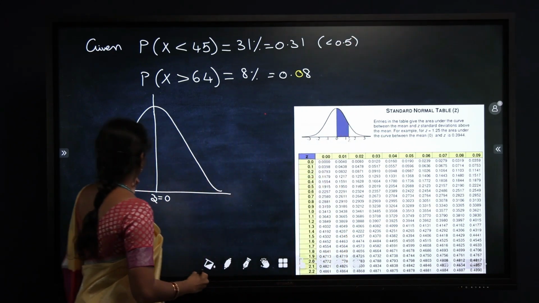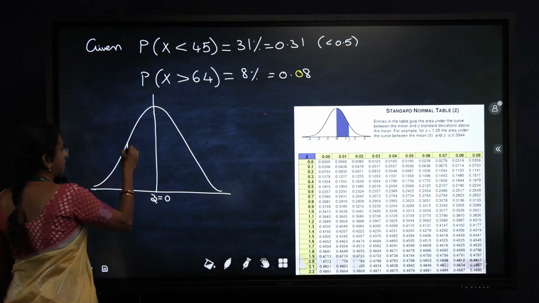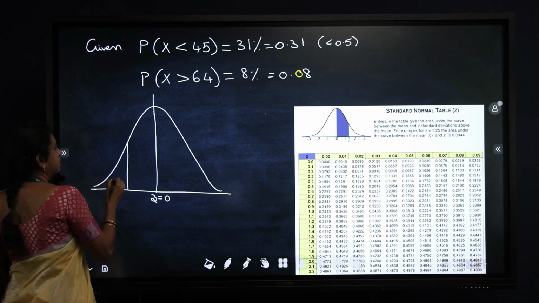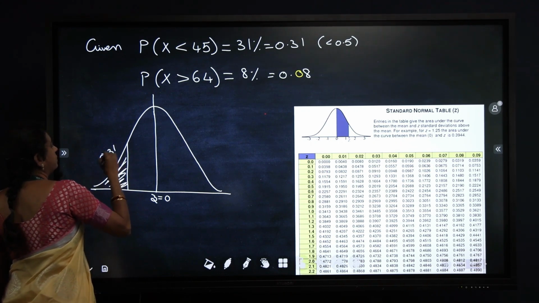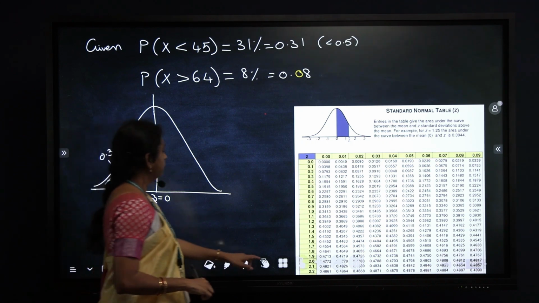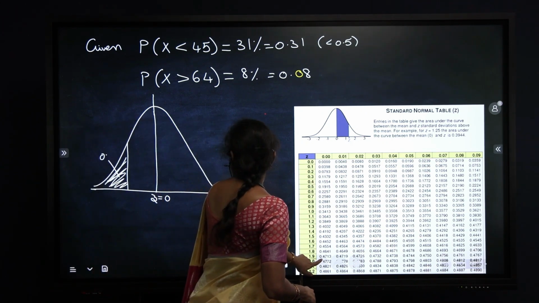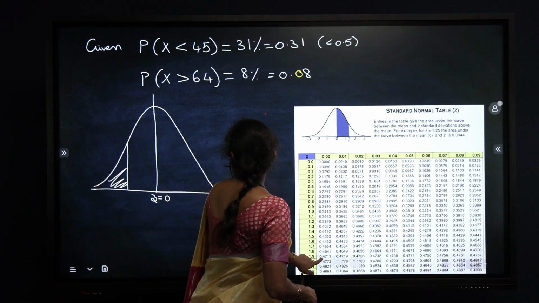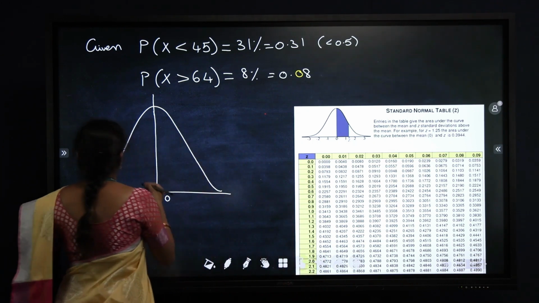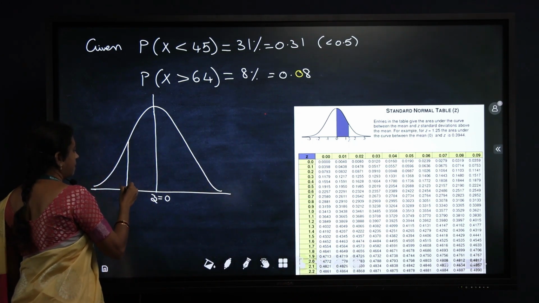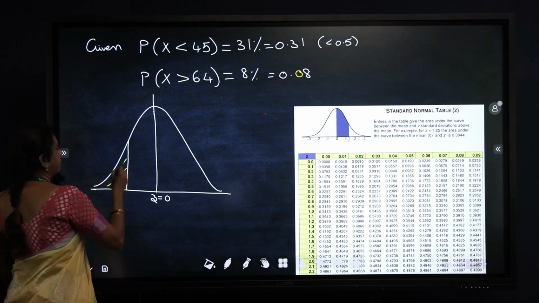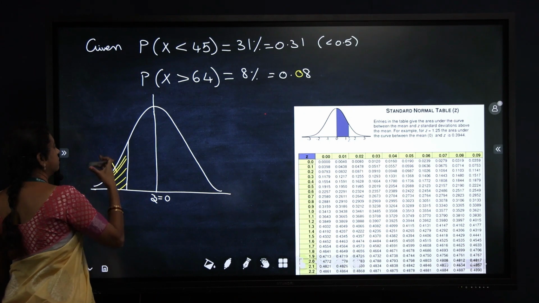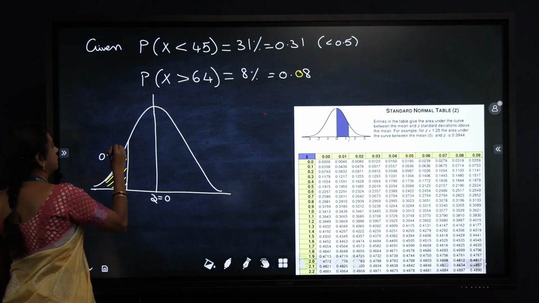So I'll take the area on the left side somewhere here. This area is given as 0.31.